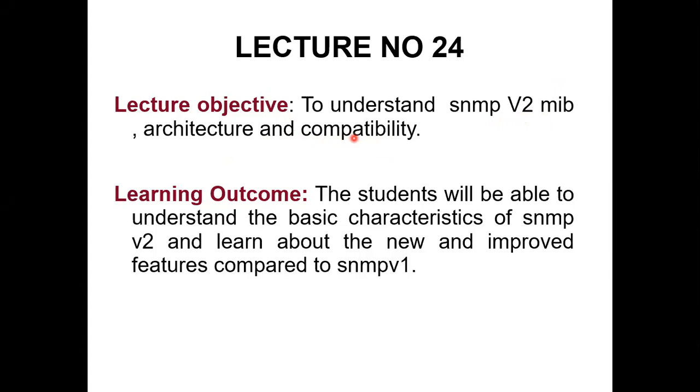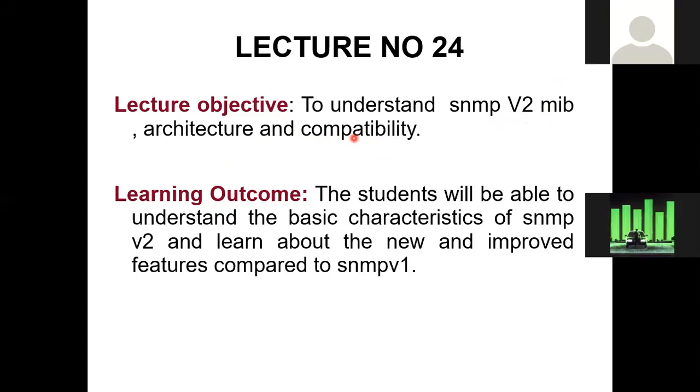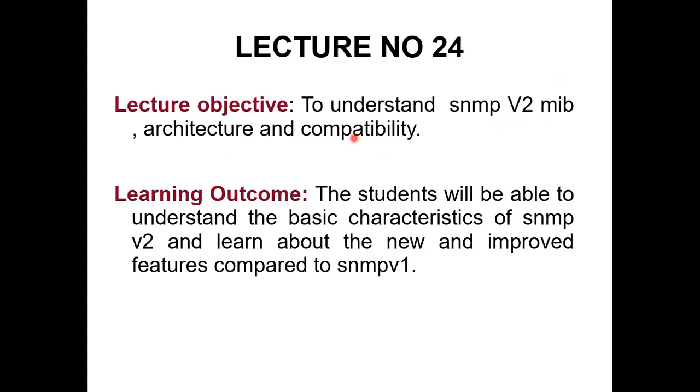Okay, now we have seen the major changes between version 1 and 2. The architecture of version 2 is also different, and the messages are also different. But if I have a network where I have both SNMP version 1 and version 2, how do I solve that problem?